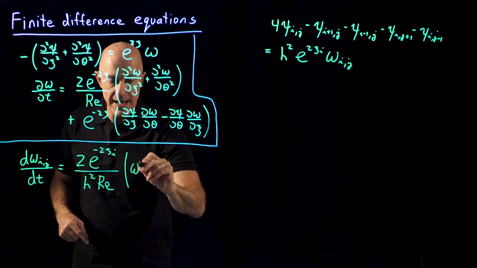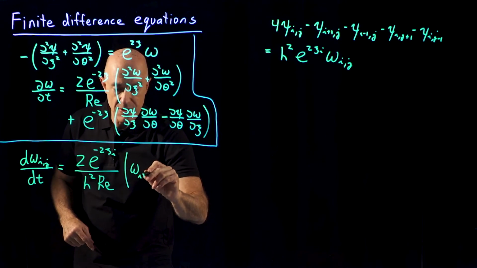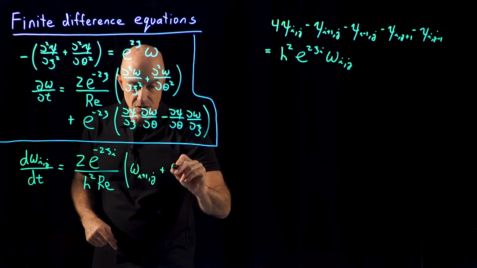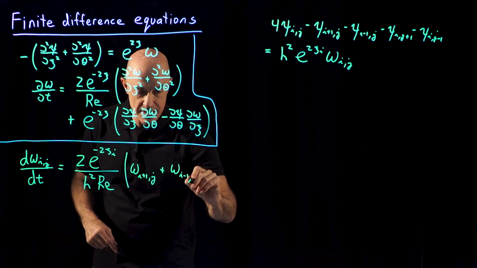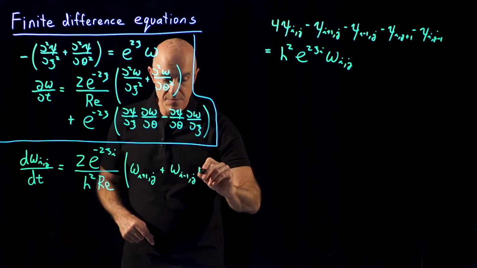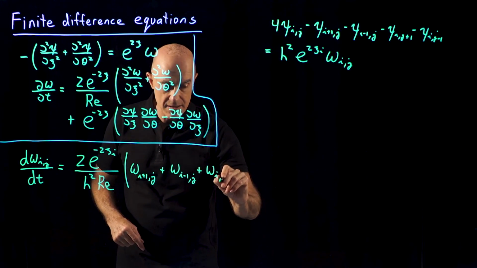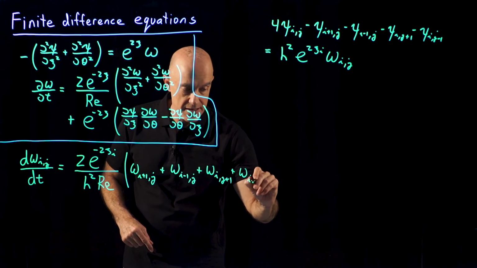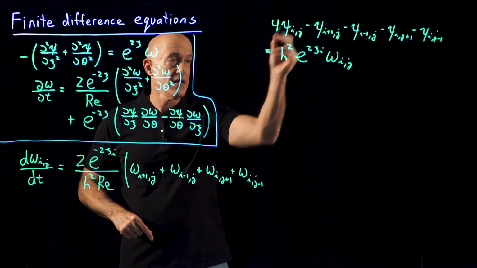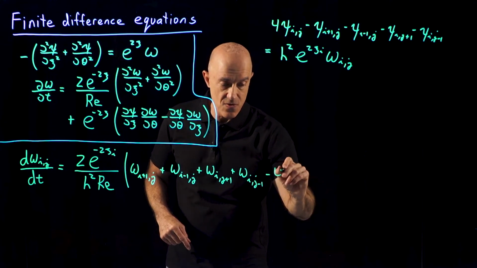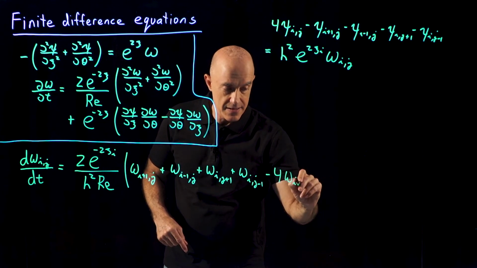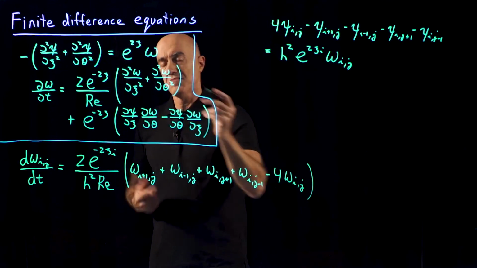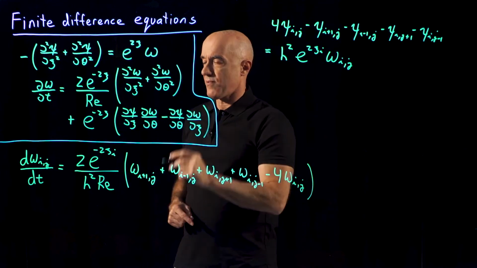So it will be omega i+1,j plus omega i-1,j plus omega i,j+1 plus omega i,j-1, and then a minus 4 omega i,j. Okay, so that's this Laplacian-like operator.